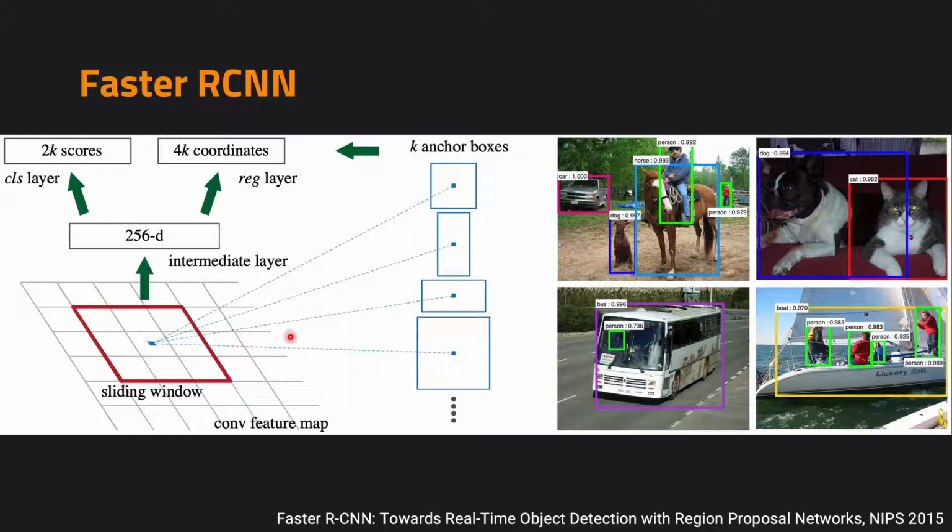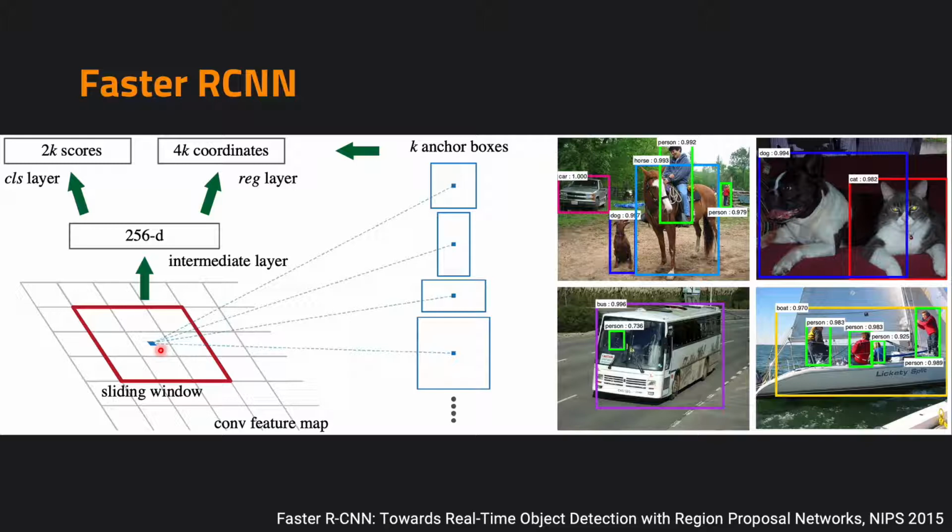At the same time, we also regress what the refined coordinates of the object are within this anchor box, and then we have those proposals at each anchor box. Remember that we have multiple anchor boxes at each pixel location.